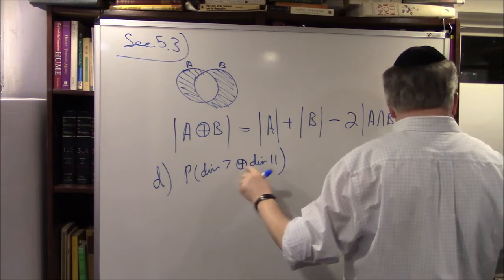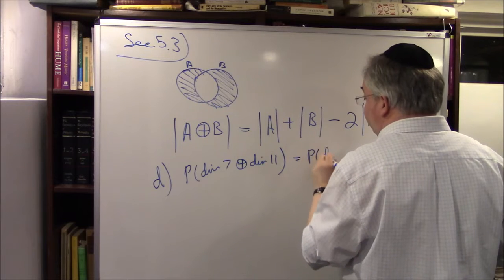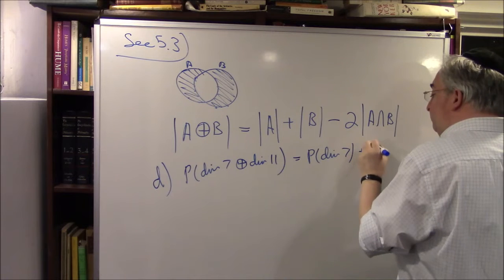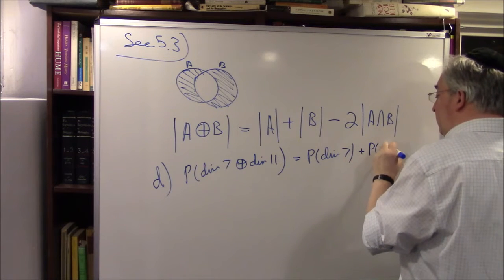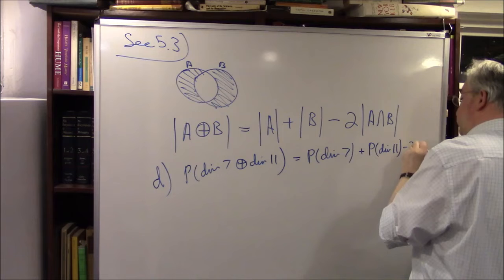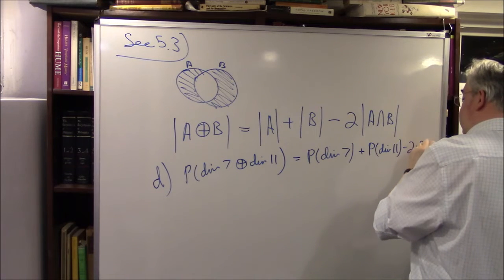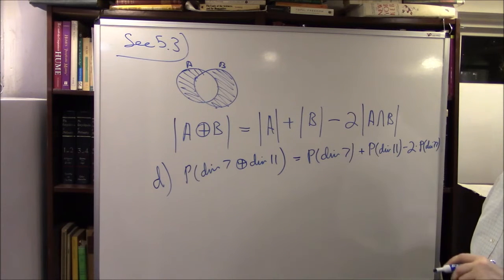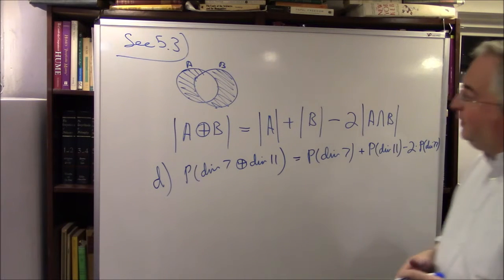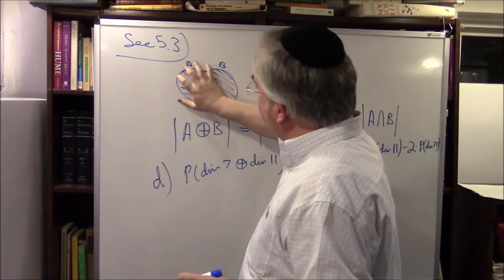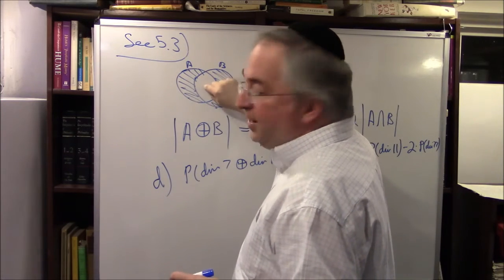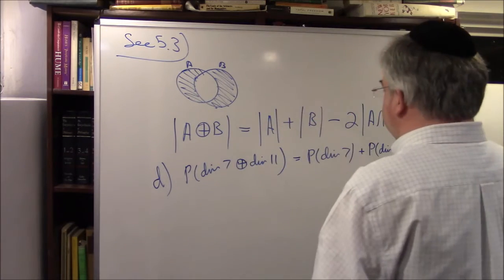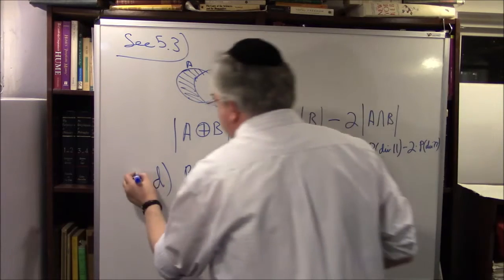And so that's equal to probability divisible by 7 plus probability divisible by 11 minus 2 times probability divisible by 77. And we have those numbers, you can plug them in. Okay? So again, this is those things in A plus those things in B, minus 2 times those things there, because we added them twice. Okay, great. So this is 3D.